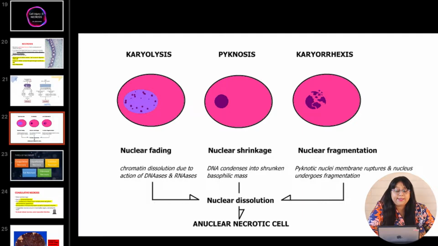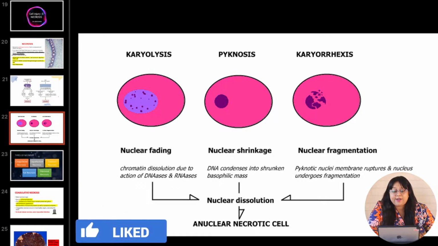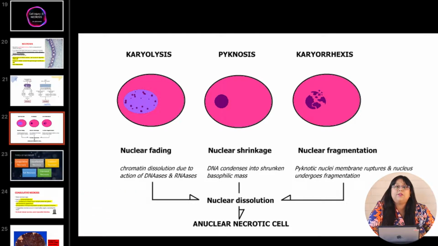In karyolysis, the chromatin undergoes dissolution due to the action of DNases and RNases, and there is nuclear fading, and this phenomenon is known as karyolysis. So, pycnosis, karyorrhexis and karyolysis are three characteristic nuclear features seen in necrosis.